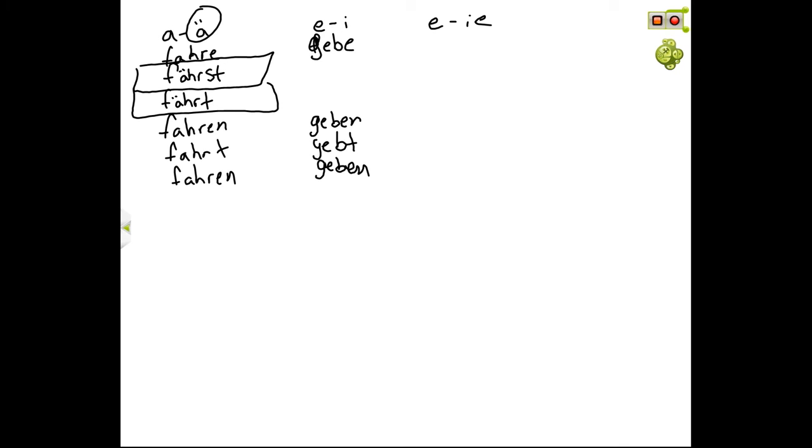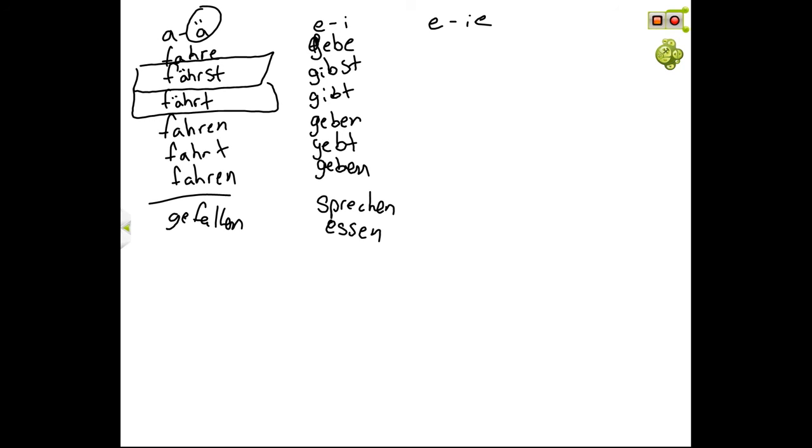The only ones that matter would be the er/sie/es and du forms. Du gibst and er/sie/es gibt. There are several verbs in your textbook that do this. We have geben and sprechen and essen. Those are the three that are in your textbook: geben, essen, and sprechen. Here in this category we also had gefallen.